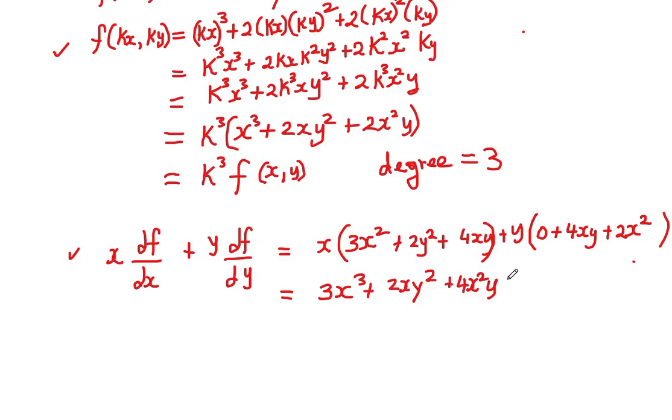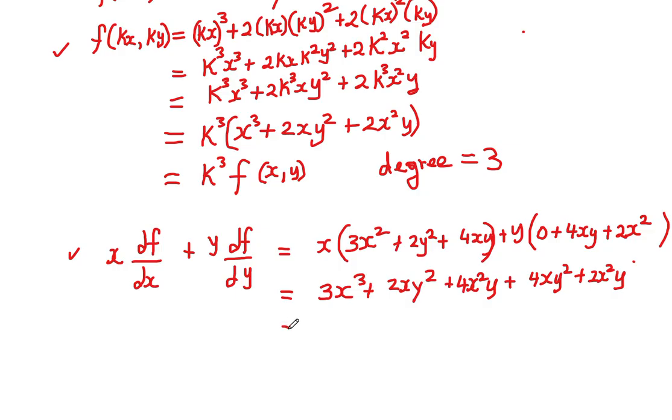Then we're going to go over this side and say plus, well, y multiplied by 0 is going to be 0, so we can leave that out and just say y multiplied by 4xy is going to give us 4xy squared, and y multiplied by 2x squared is going to give us 2x squared y.